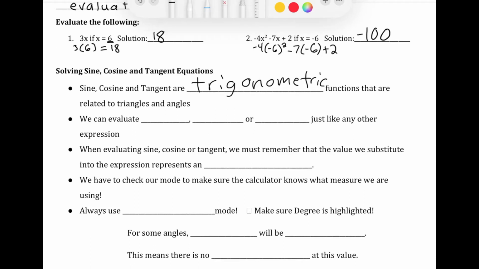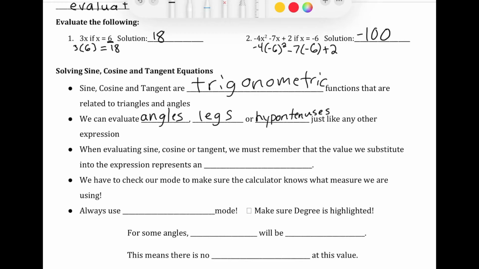We can evaluate angles, legs, or hypotenuses, just like any other expression. You can see this by the last few lessons in this unit.